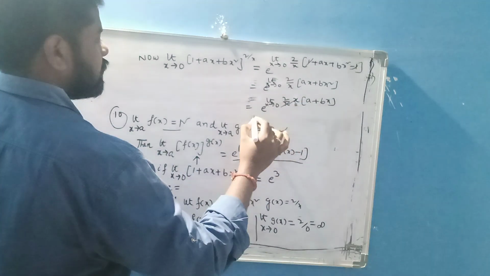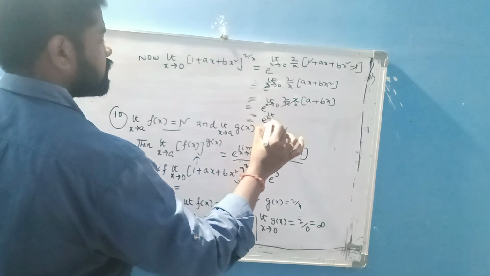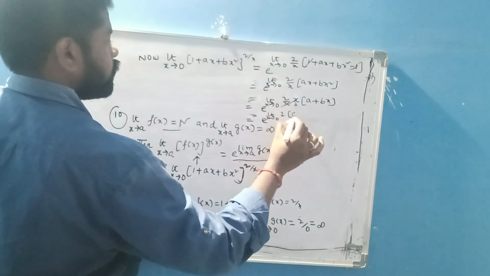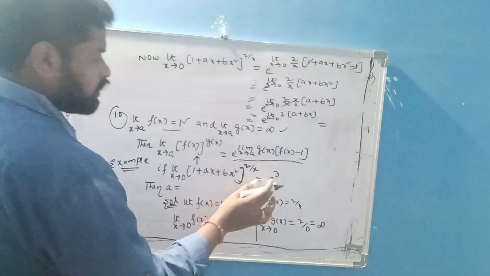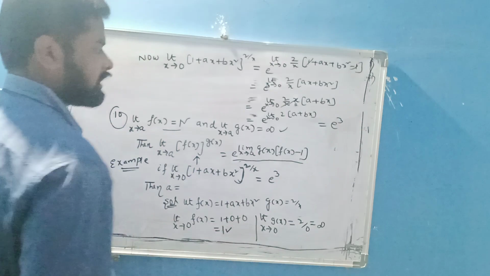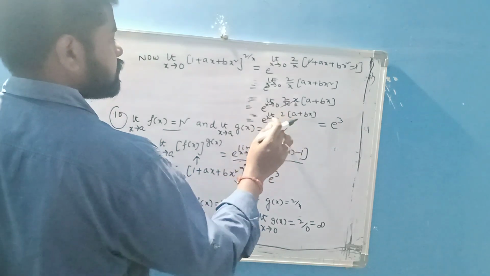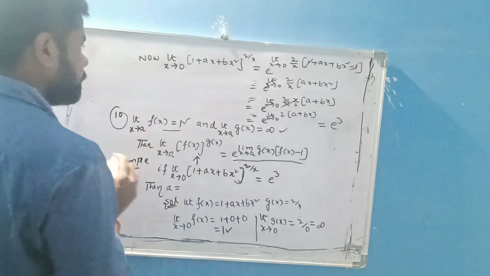Here x cancels, and we get e power limit x tends to 0, 2 into a plus bx, which is equal to e power 3, as given. You can take e power 3. After that, x tends to 0, replace x with 0 here. X tends to 0 means e power, I am writing here.